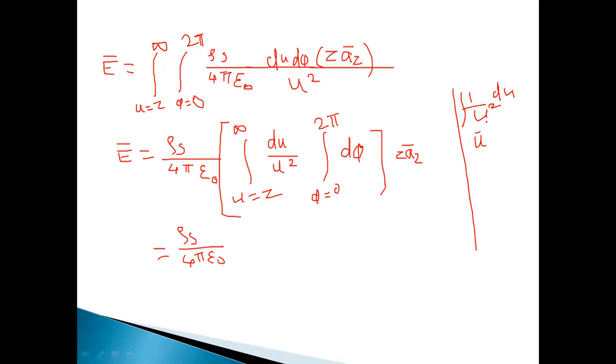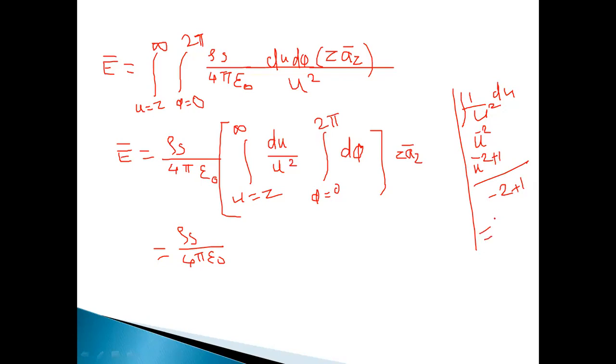We are taking from denominator to numerator, so it is u raised to minus 2. For integration, it is u raised to minus 2 plus 1 divided by minus 2 plus 1. So what will it be?